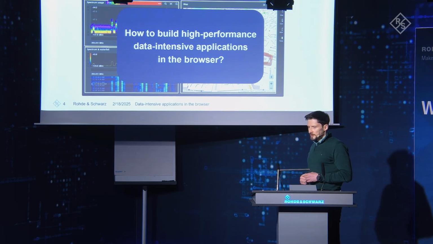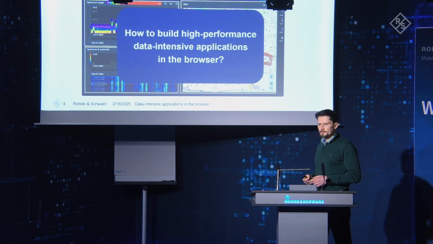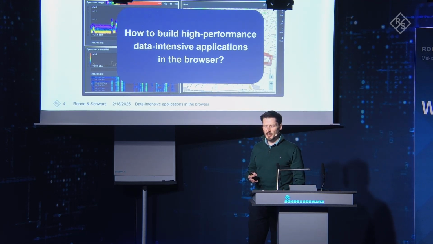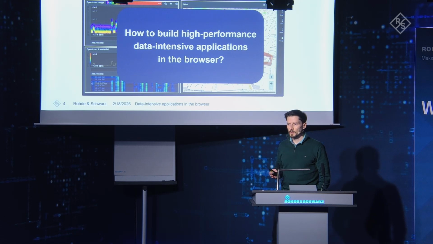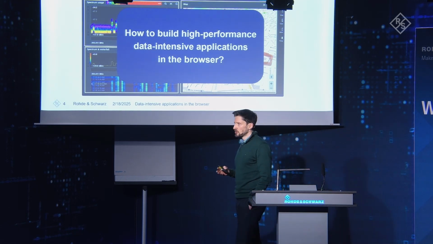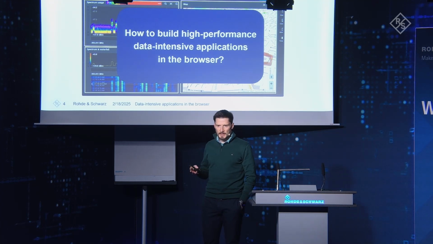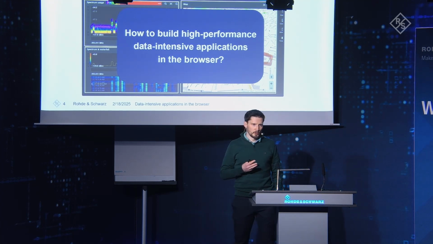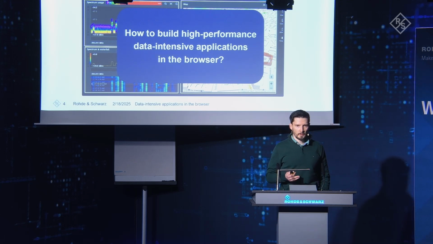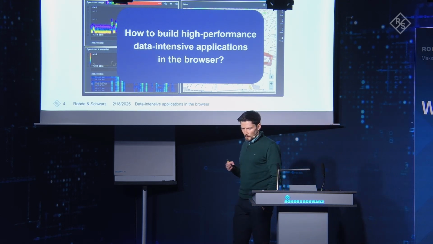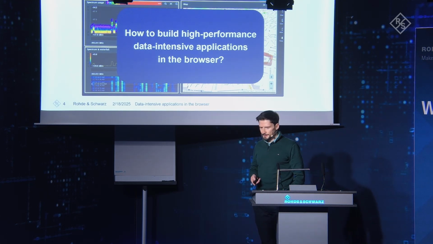So the question is how we can also build high-performance, data-intensive or compute-intensive applications also in the browser. So how we can reach near-native performance also in web-based applications. And these two technologies, which I want to talk about today, so WebGPU and WebAssembly, can help you to reach that near-native speed.